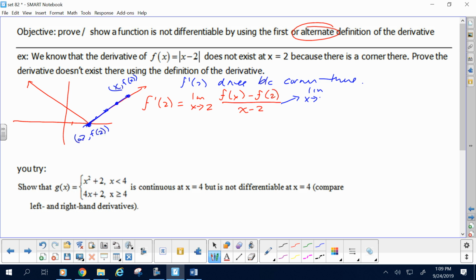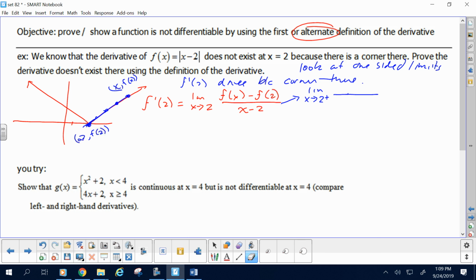X could be approaching 2 from above. As you write yourself a note, look at one-sided limits.